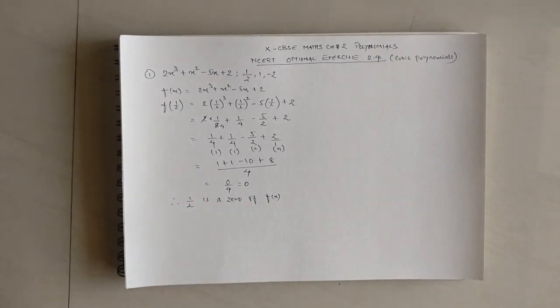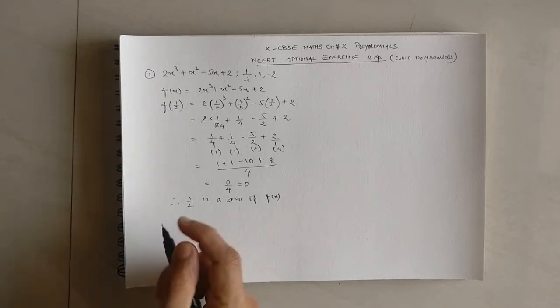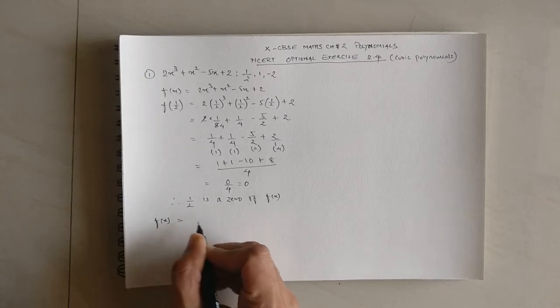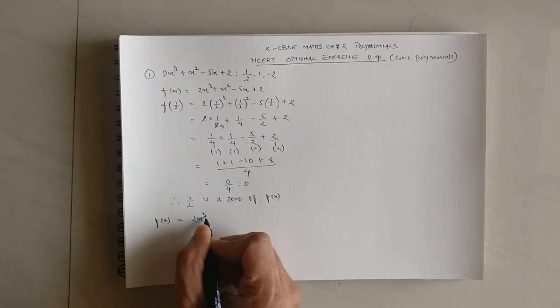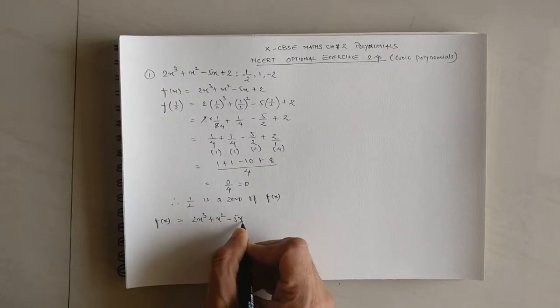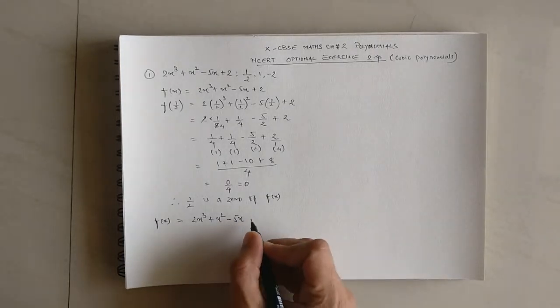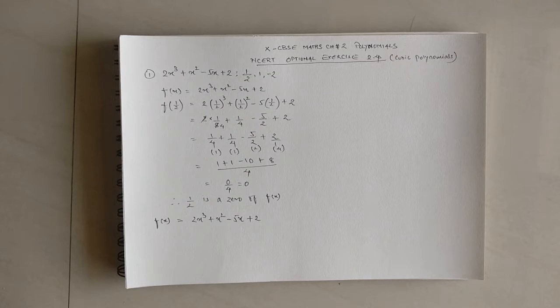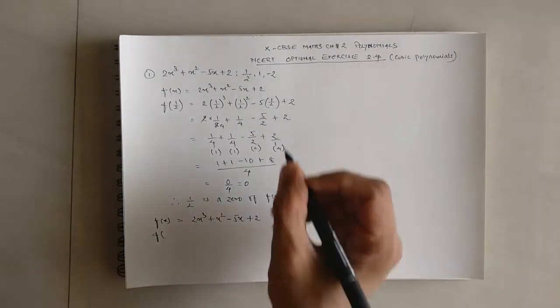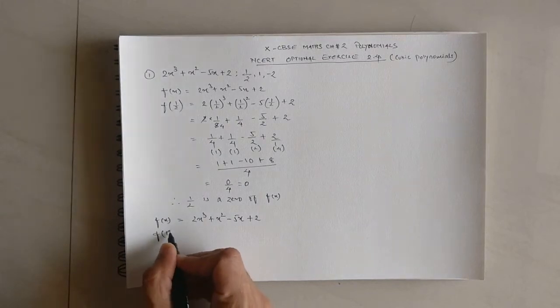Now let us verify the second 0, whether it is a 0 or not. So f of x is equal to 2x cube plus x square minus 5x plus 2. I will put in the place of x, I will put 1.